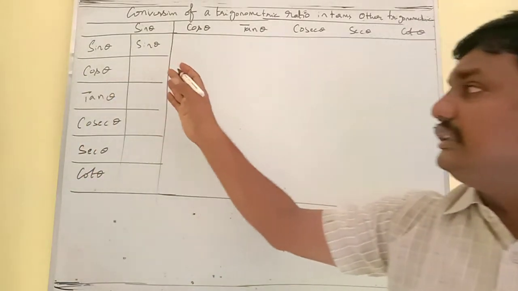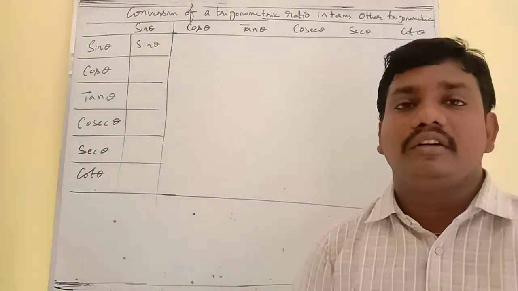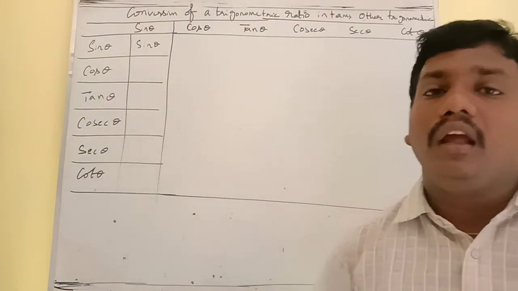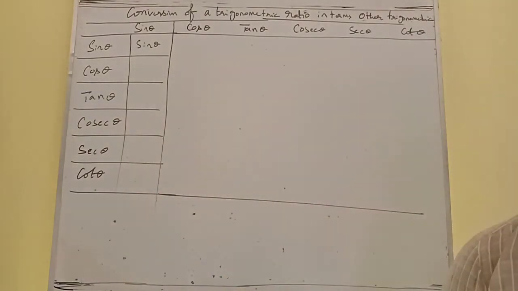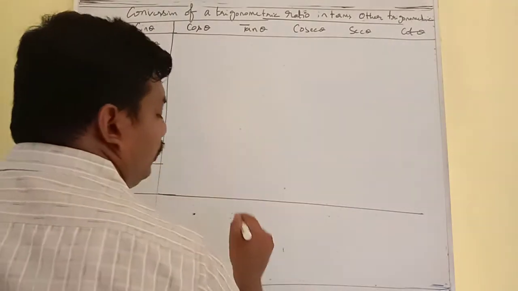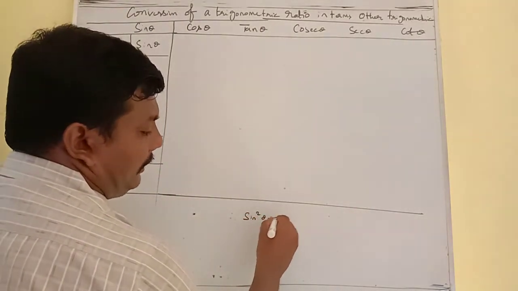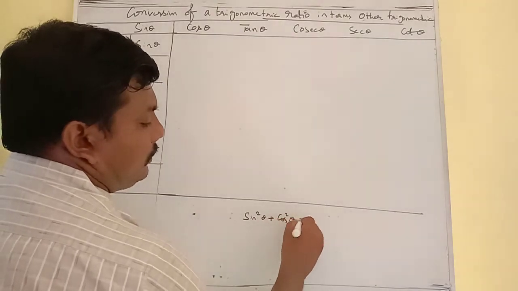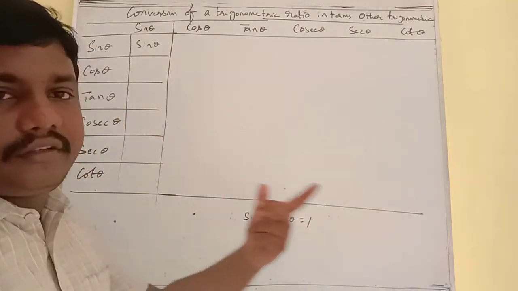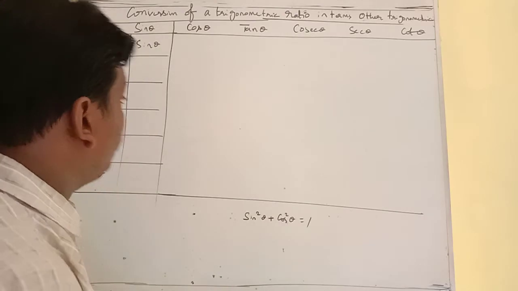Then coming to cos theta. We have to change cos theta in terms of sine theta. So we need a trigonometric identity. Which trigonometric identity is required? We have sine square theta plus cos square theta equals 1. This is called the first trigonometric identity.